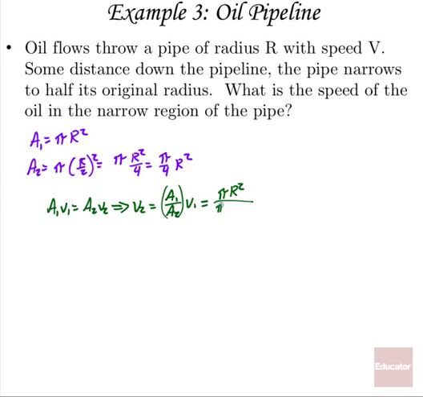A2 is pi over 4 R squared times V1, which we'll just call V. We're going to have some simplifications. R squareds, pi, pi. We've got 1 over 4 times V, which is going to be equal to 4V. Gets 4 times faster.